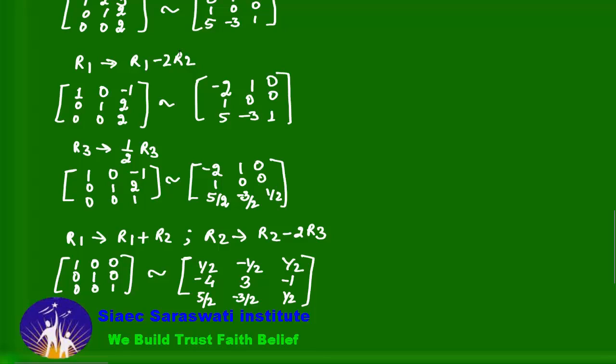So hence finally this A is converted, so it became I. So as you know, this is the matrix I, so equivalence to the I, that will be called A inverse. Okay, this is the concept.